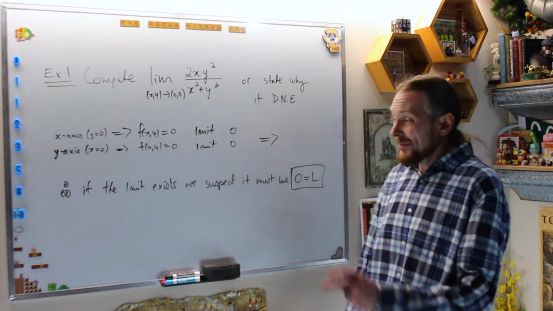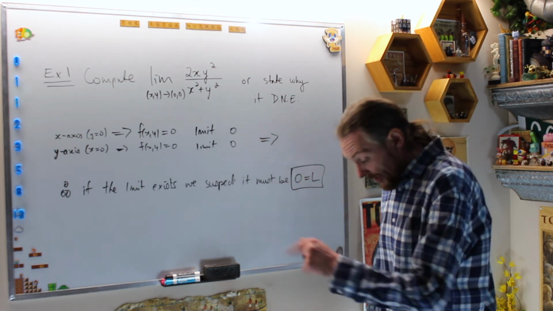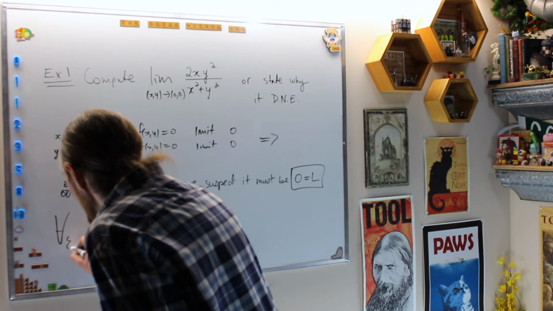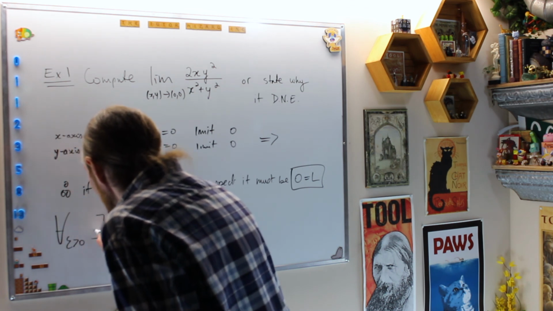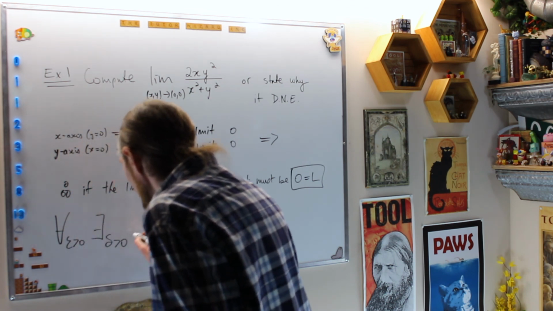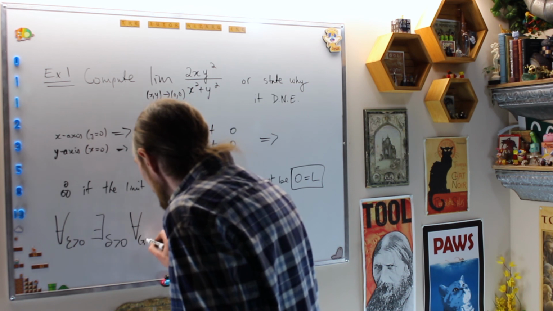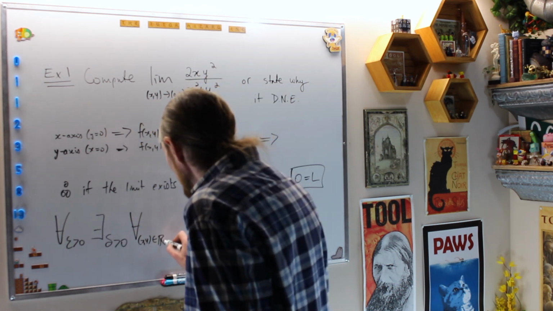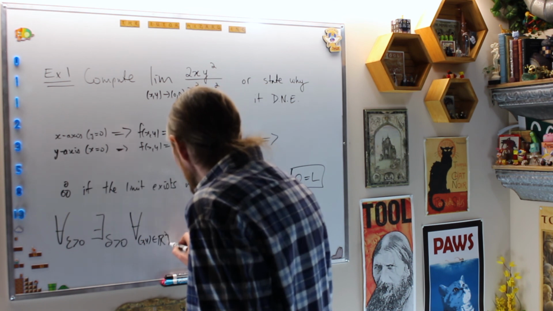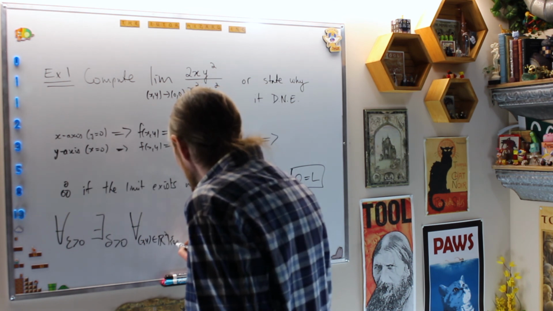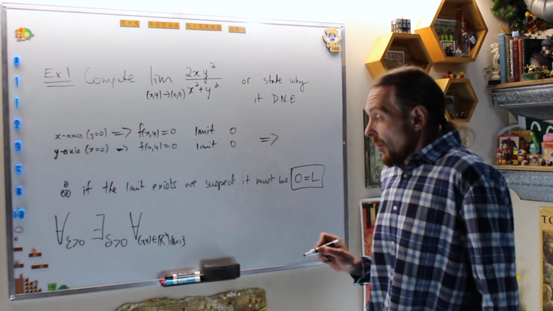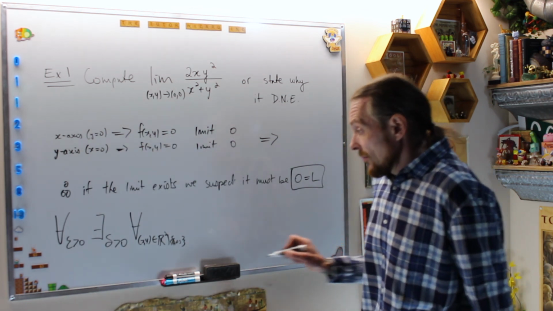Now what do we have to do? We have to run the definition of showing that rigorously. What does that mean? We need, for every epsilon greater than 0, that there exists a delta greater than 0, such that for every (x, y) in our domain D, which will be R2 remove (0, 0), what we're going to look at is, what do we need?